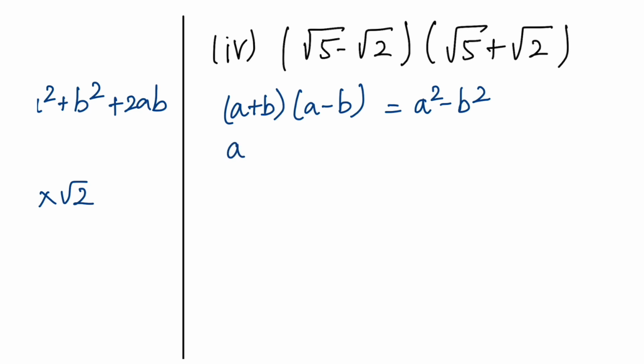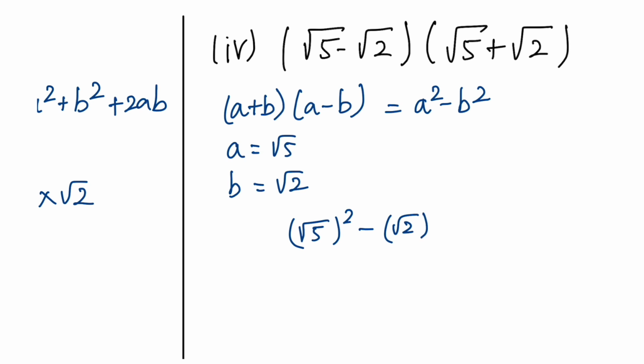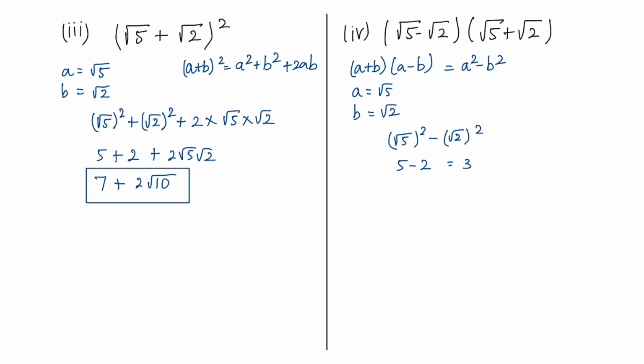Okay, now here a equals root 5 and b equals root 2, and it is of the form a plus b into a minus b. So what you're going to do is just evaluate a squared minus b squared. So root 5 squared minus root 2 squared. Root 5 squared is 5 and root 2 squared is 2. So 5 minus 2, that gives you 3. And that is the answer to this subdivision.